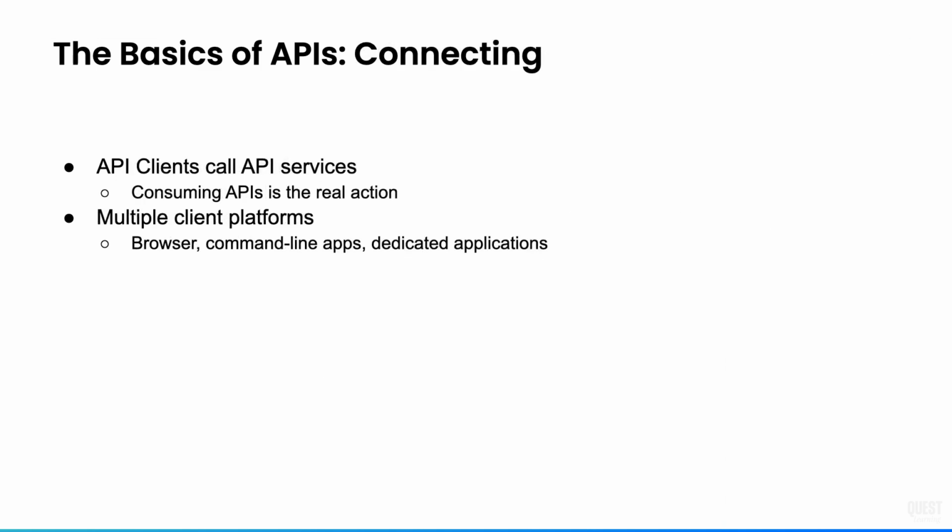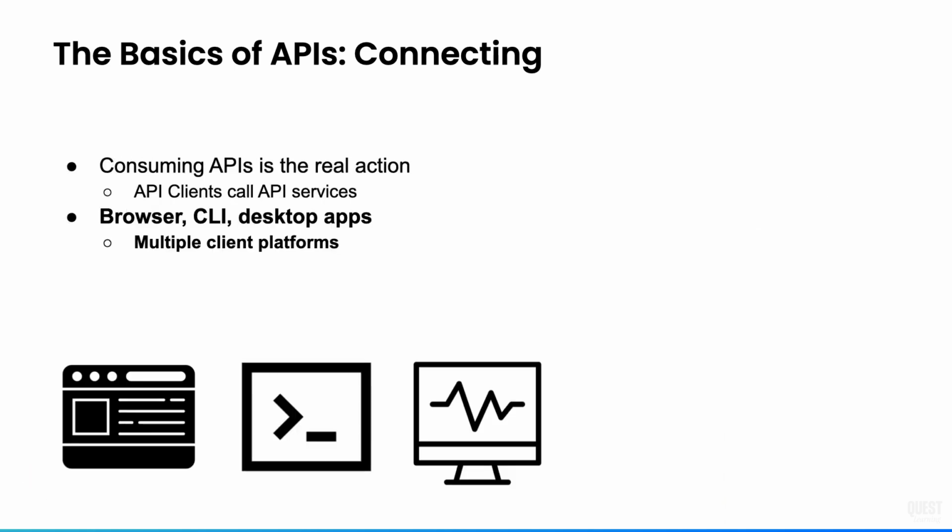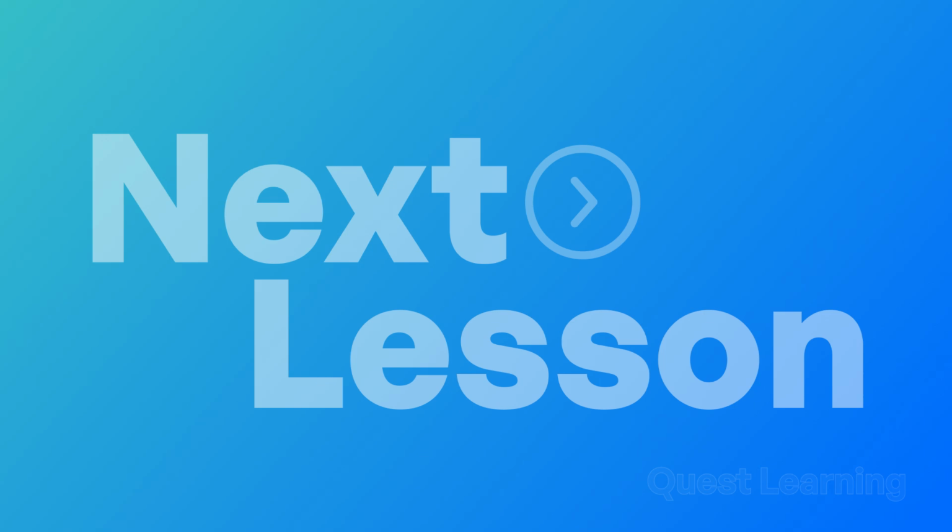And then, of course, we just talked about the idea of clients. Clients call APIs, APIs call services, and we have multiple kinds of clients that we can focus on. We'll be doing a lot of that in the next section. So that's the basics of protocol, programming, and connecting. Now let's start taking a look at all the various styles that we can use, all the various interfaces that we can use to expose services.